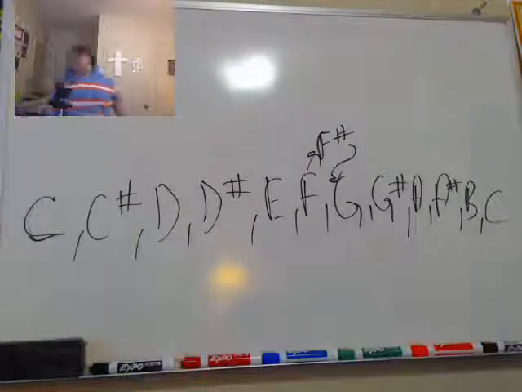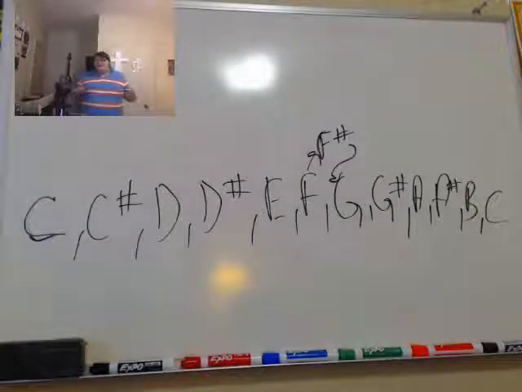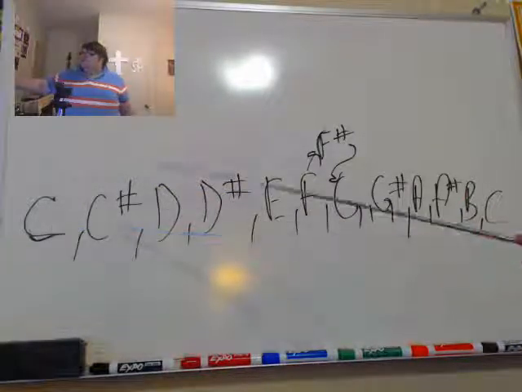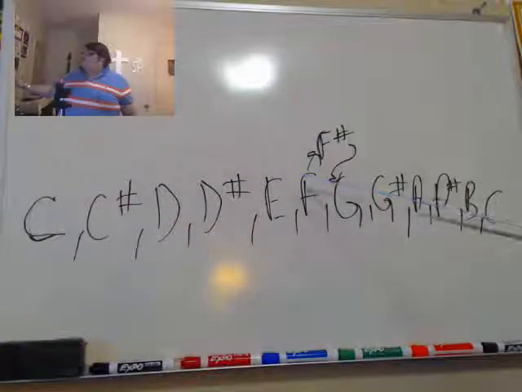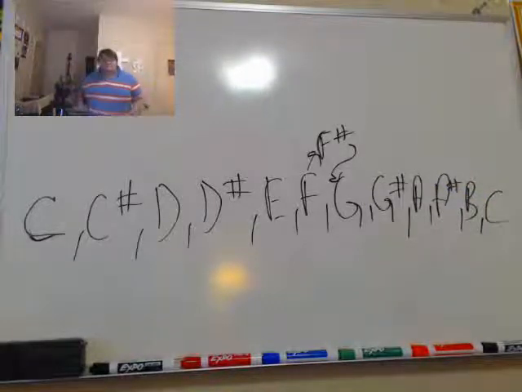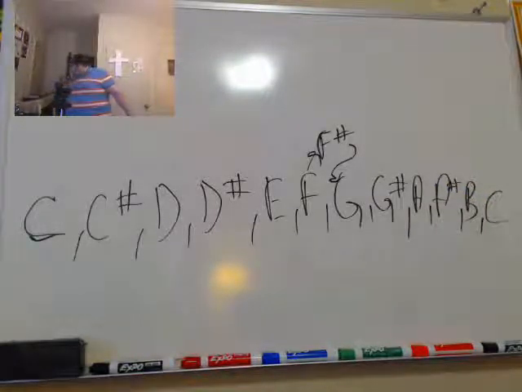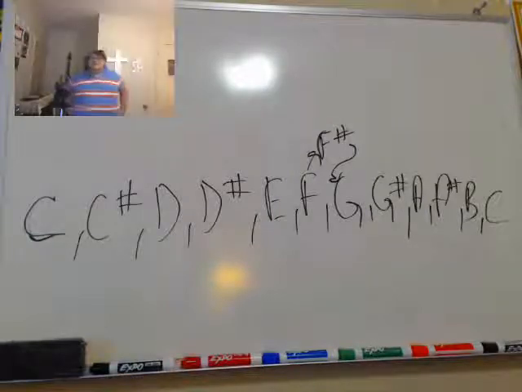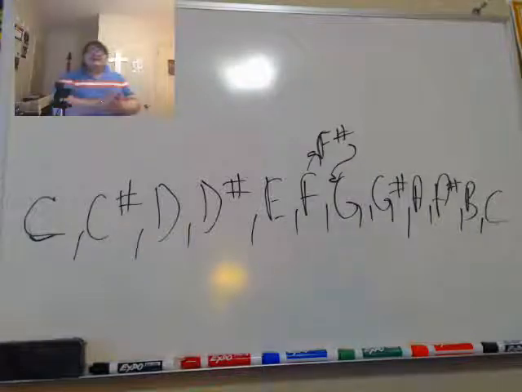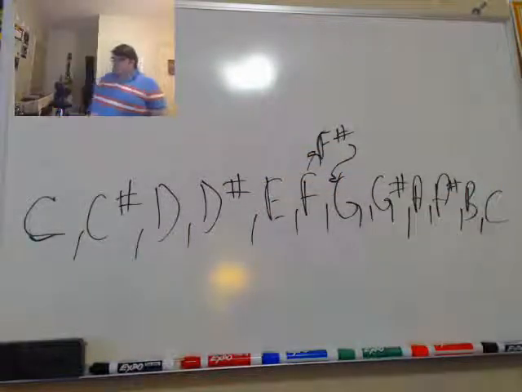The way that God wanted us to be. So as you can see, there are 12 notes. 1, 2, 3, 4, 5, 6, 7, 8, 9, 10, 11, and 12. And that's just the repeat. So as you can see in this video, the chromatic scale are all those notes.